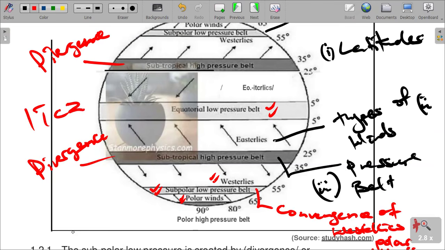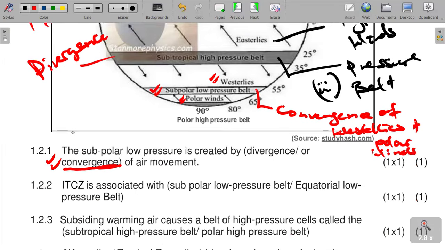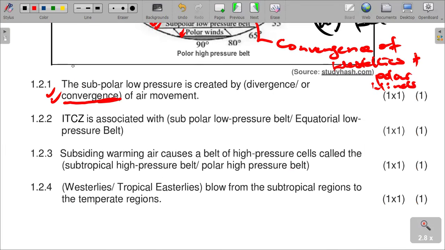That is why we talk about the movement of the ITCZ up or down, which is caused by the changes in seasons. The revolution of the earth directly affects the position of the ITCZ. So it is associated with the equatorial low pressure belt.